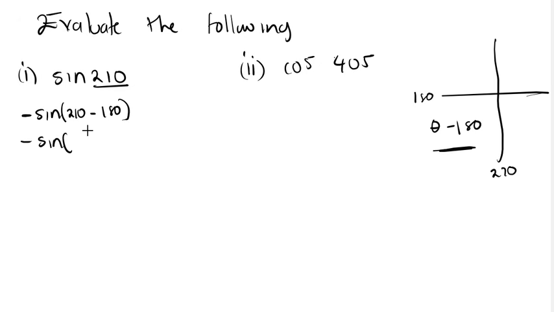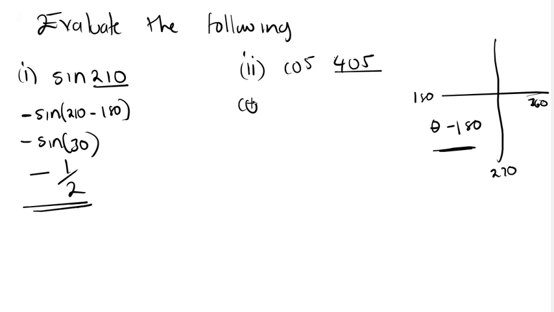What will be the answer there? So say 210 minus 180. What will be the answer? The answer will be 30. What is sine 30? Which is half. Like that. That's the same thing that you do. Now, this one, it is above what? 360.